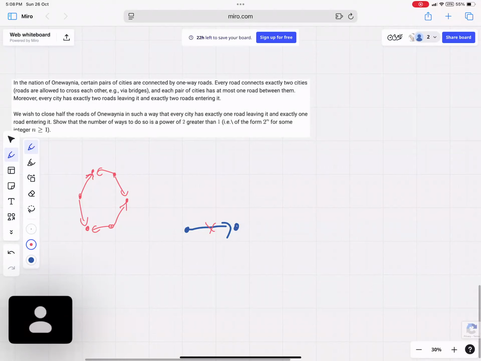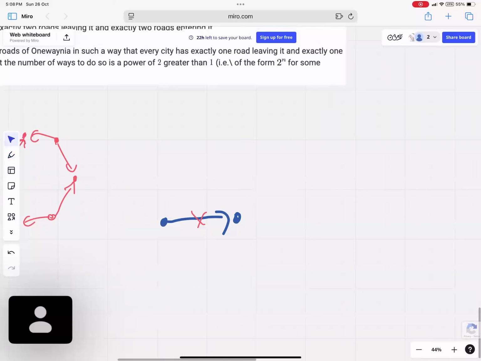Now you must also delete an edge that goes out from the other vertex, right? So say this is V1, V2. We have to delete an edge that goes out from V2. But it's a bit ambiguous, which one? What's better is we have something that's incoming into V2 now, which we know we can't delete.